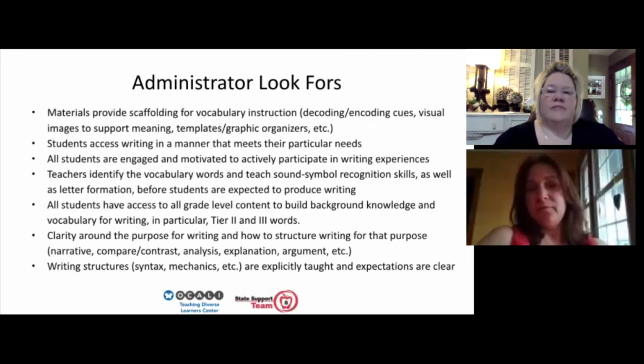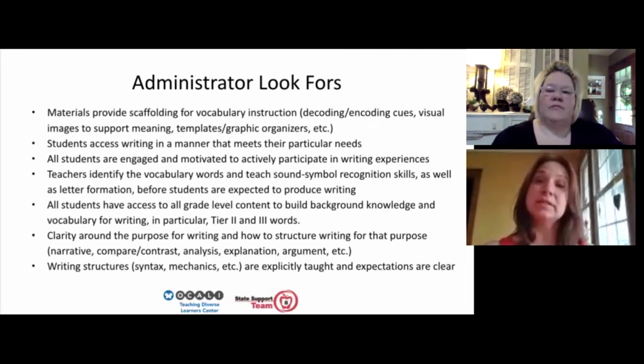So if you know that you're grading on syntax in an assignment, making sure beforehand that students really understand the syntactic concepts that you're going to be grading on. Rubrics are great here, those types of things.